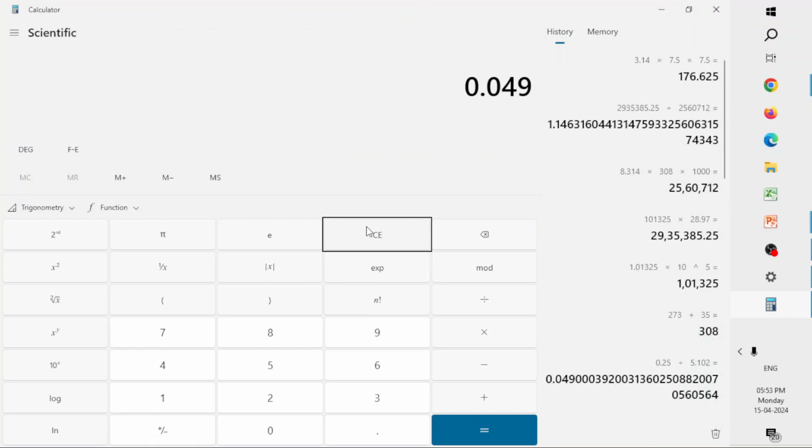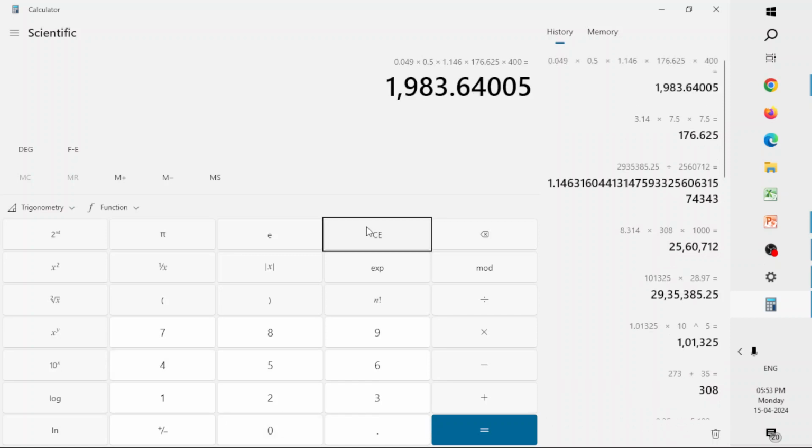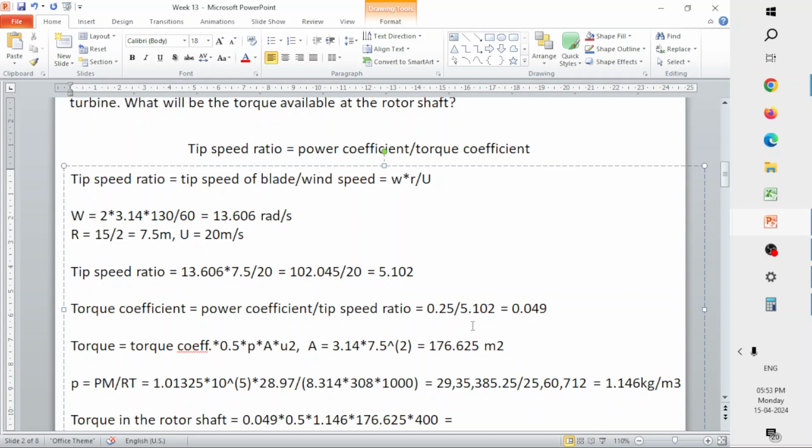So that value will be 0.049 times 0.5 times 1.146 times 176.625 times 400. The value is around 1983.640, and torque is force times length, so the unit is Newton meter.